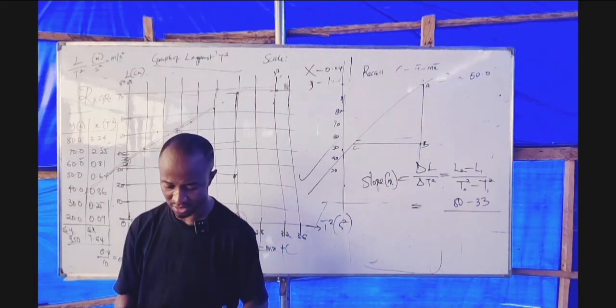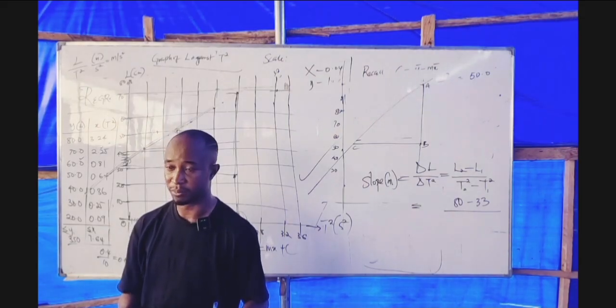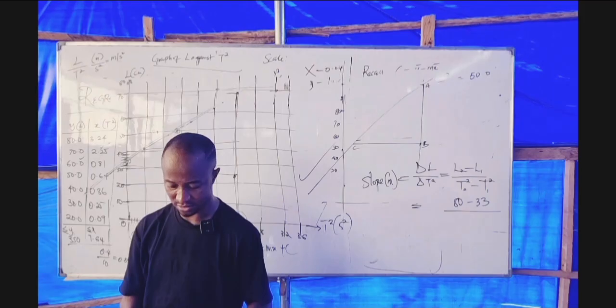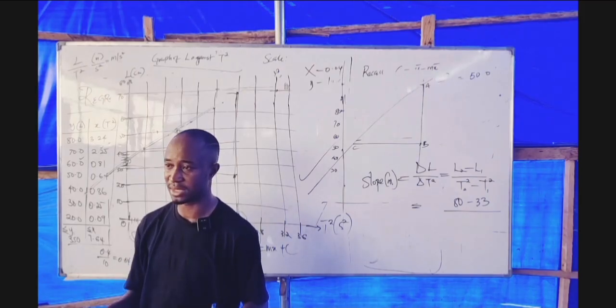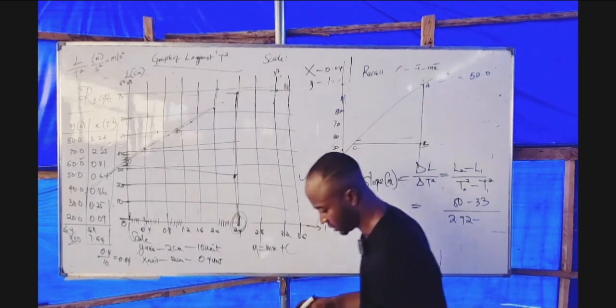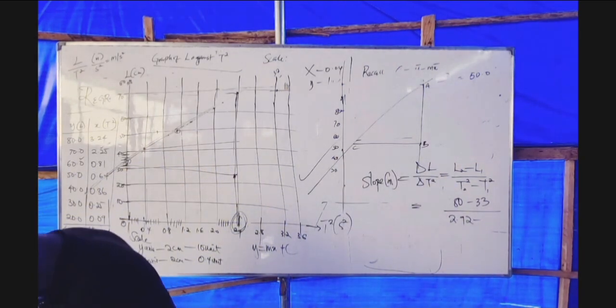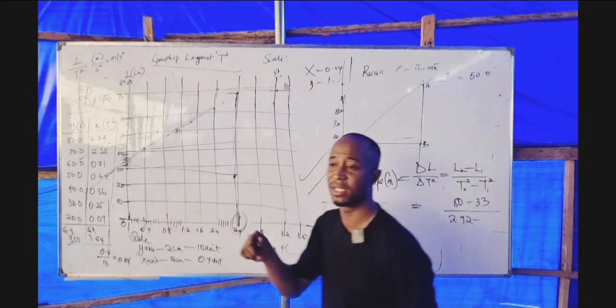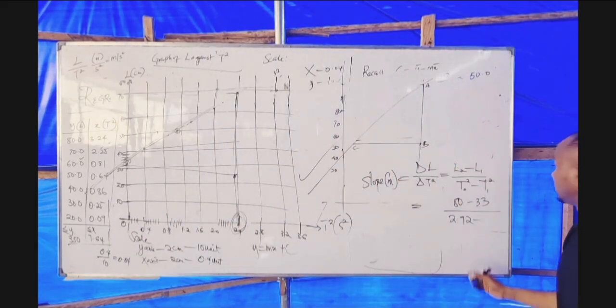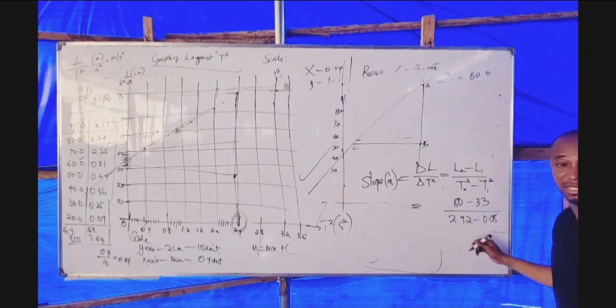Wait for me. 0.04 times 3 plus 2.8, 2.92 minus, okay, then this point here for this graph, 1, 2. 0.04 times 2 is 0.08. So you have to subtract this for me.